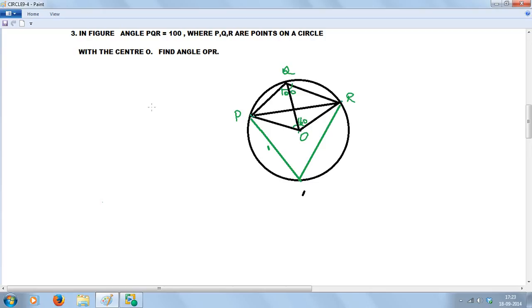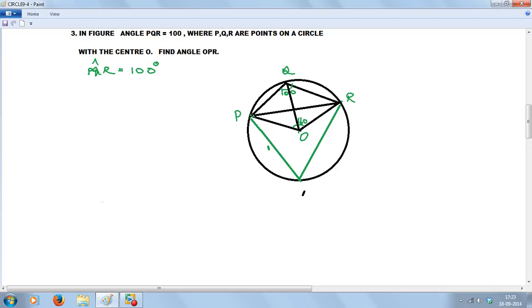The diagram is given. Now we know angle PQR is equal to 100 degrees.